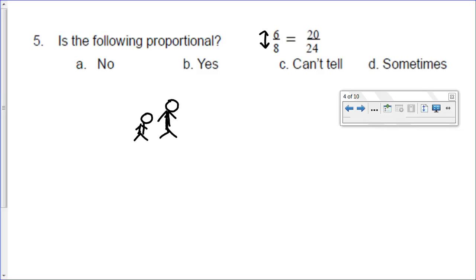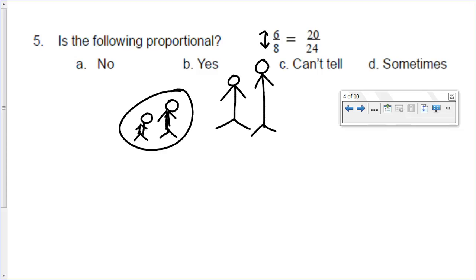Well, you could have 2 adults, and one adult can be bigger than the other adult. That can happen too. Even though both the children are smaller and the adults are both bigger, they differ sort of in the same amount.